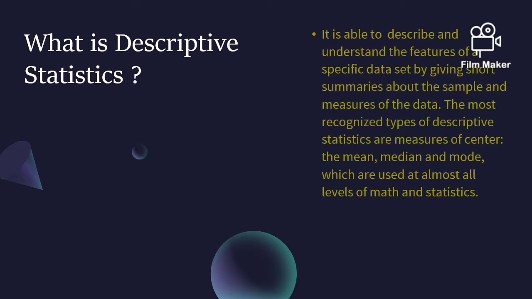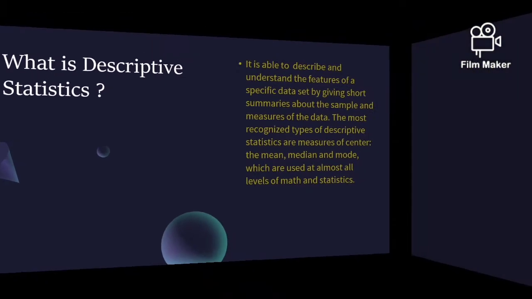It is able to describe and understand the features of a specific data set by giving short summaries about the sample and measures of the data. The most recognized types of descriptive statistics are measures of center: the mean, median, and mode, which are used at almost all levels of math and statistics.